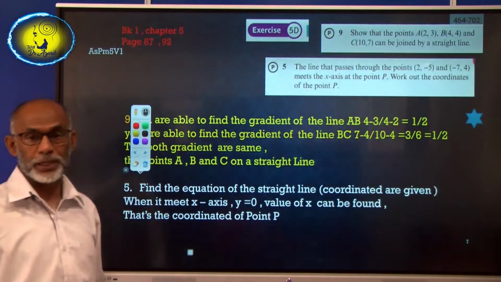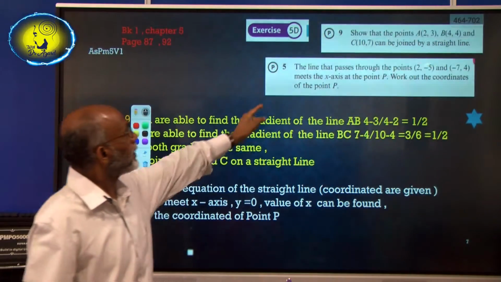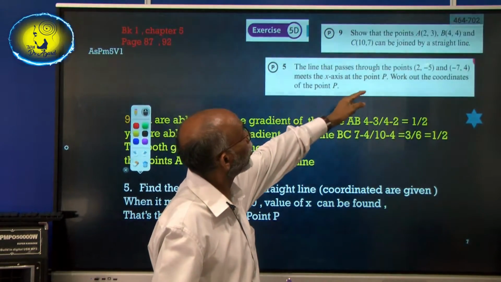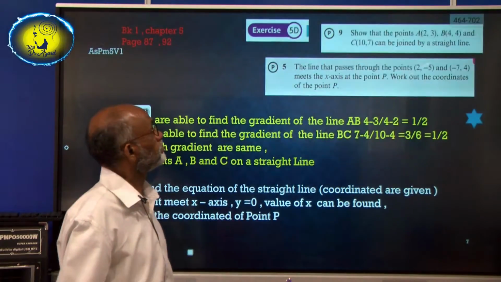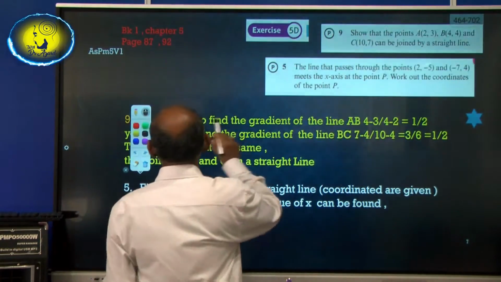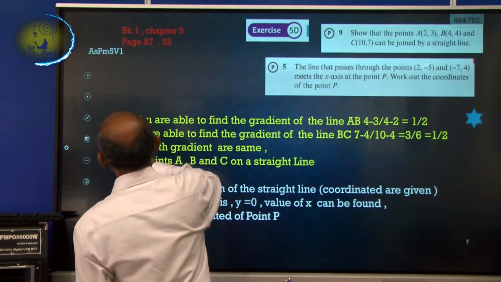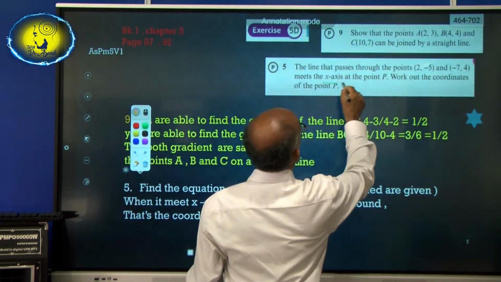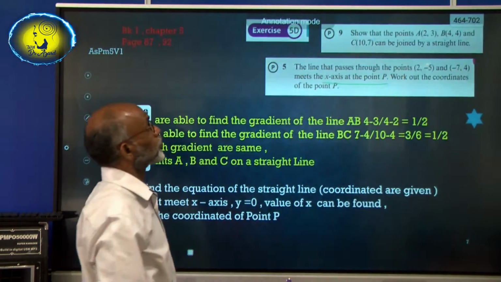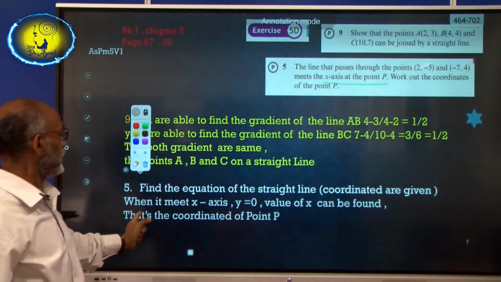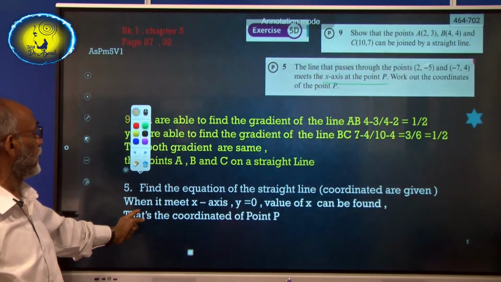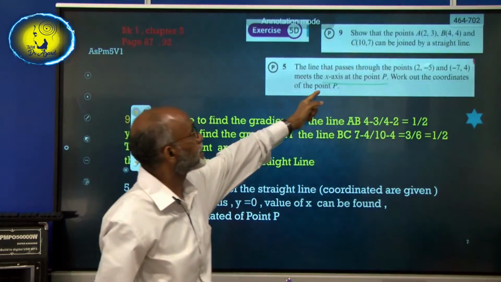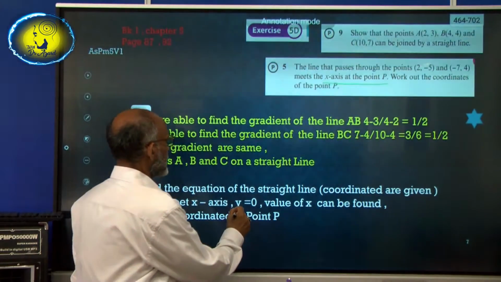Let's do another good example. The line passes through two given points, and it cuts the x-axis at a point P. Find the equation of the straight line. When it cuts the x-axis, the y coordinate is 0.